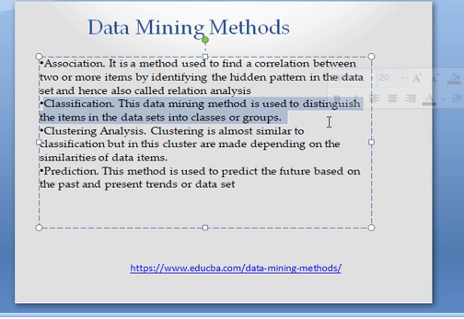Classification. That is a very common data mining method. This method distinguishes items between classes and groups. For example, we can do classification in a simple way: we are first year, second year, final year. So that is one way to classify people, or use gender. We can classify people as well, female, male students. And also we can use classification to classify objects.